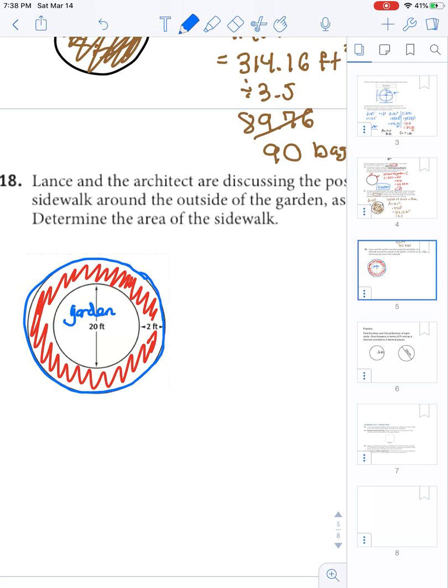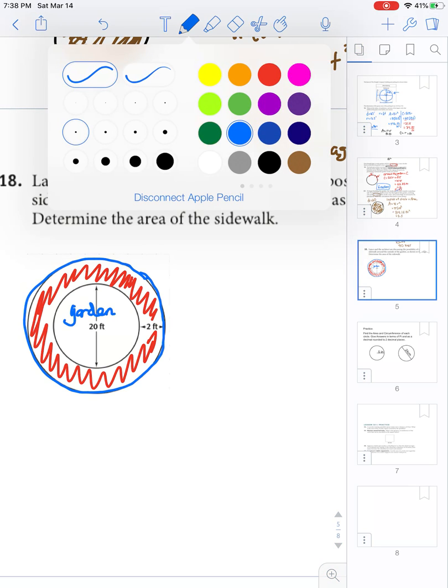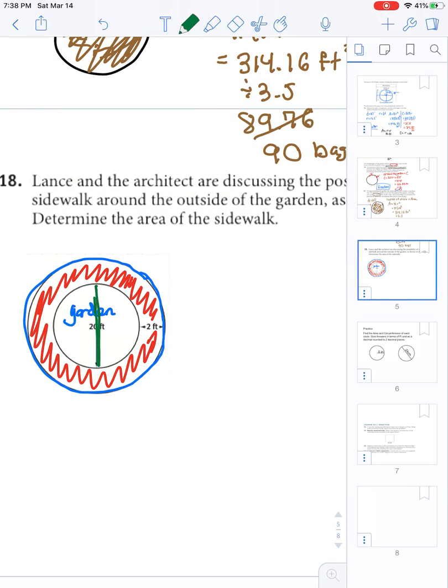We need to find the diameter of this larger circle. Remember that the diameter of the garden itself was 20, and then the sidewalk is 2 feet. So if I add 2 feet on each side, the diameter of the large circle is the original 20 plus 2 on each side, or 24 feet.